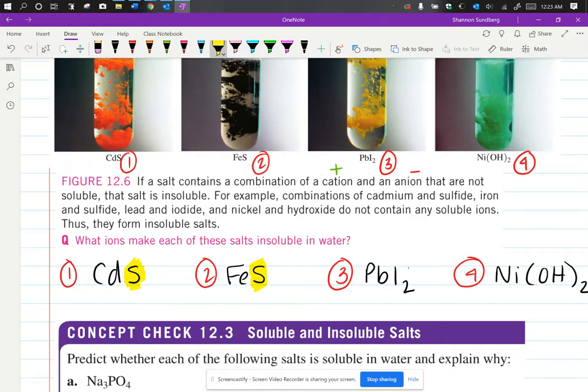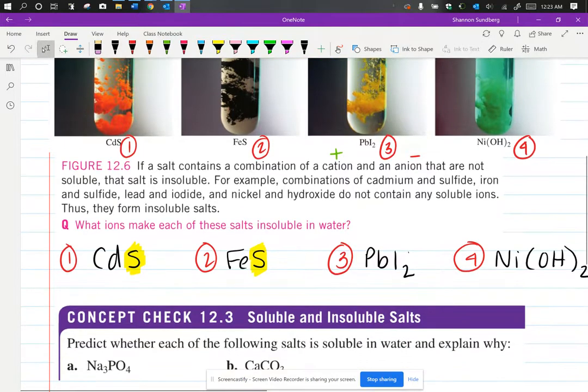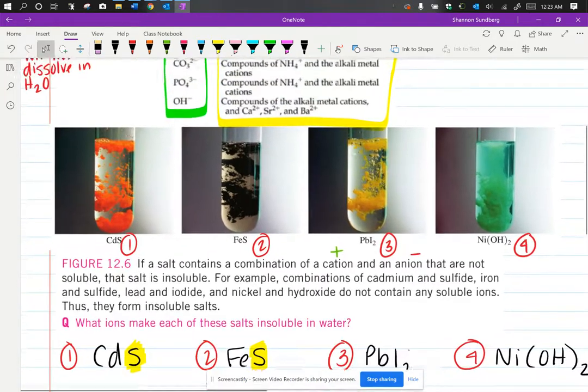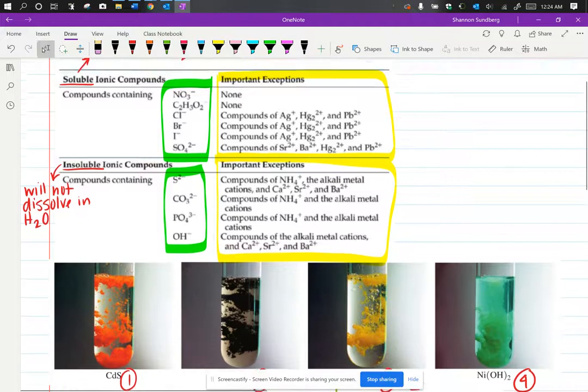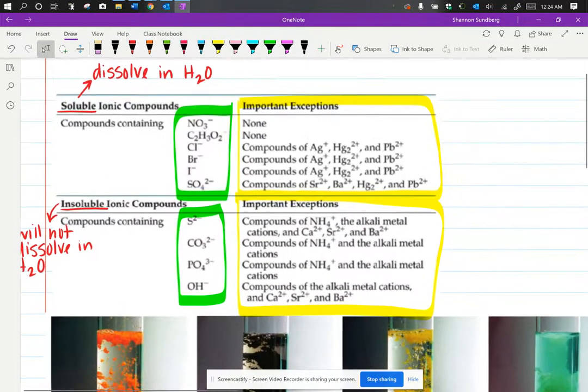Let's look at that third test tube with the yellow stuff in there. We've got lead paired up with iodine, the combination there. This time the anion is iodine, so I'm not looking at sulfur anymore. I'm looking at iodine, which means I'm looking up here. Iodine is right there. So we're in a different part of the chart now. Normally, iodine is soluble, right? It's up in that upper part of the chart. But there's exceptions to this rule.